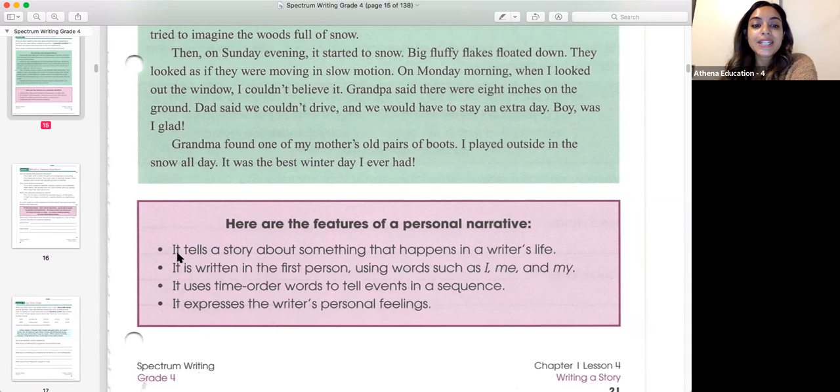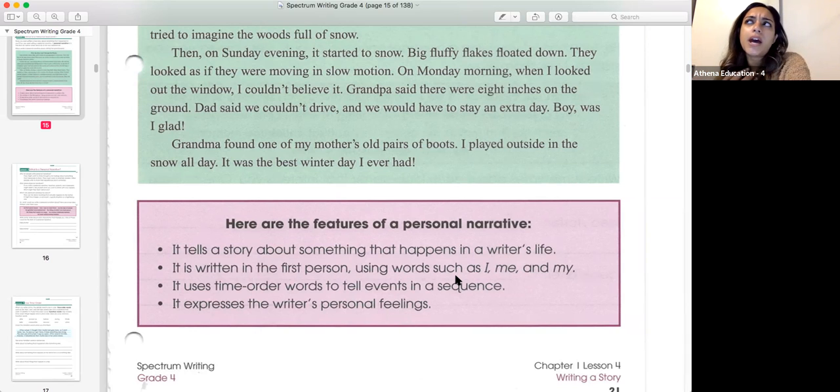It tells a story about something that happens in a writer's life, or if you are writing about it, it's going to tell us something that happened in your life. It's written in first person, which means you use words like I, me, my, because these are things that happen to you.